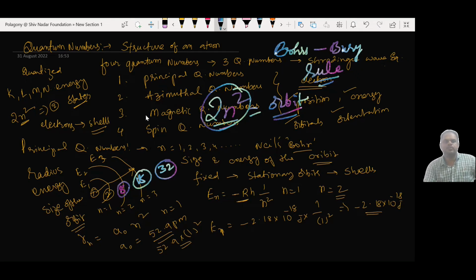So this is about the principal quantum number, the first quantum number, which was introduced by the scientist Niels Bohr.